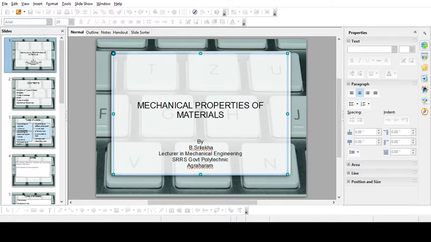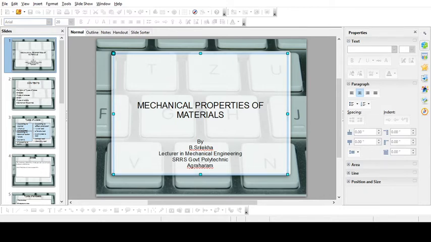Next, according to the effect produced, we have axial load, shear load, and bending load. Further, the axial load can be classified into tensile load and compressive load.